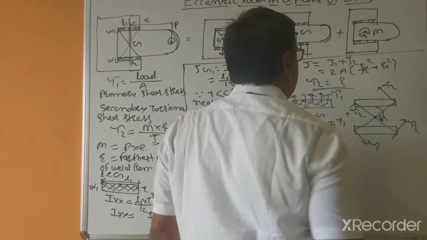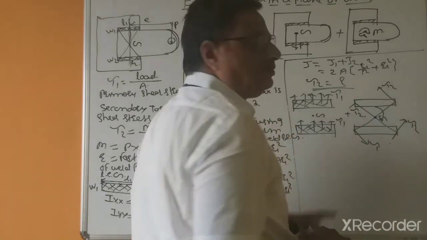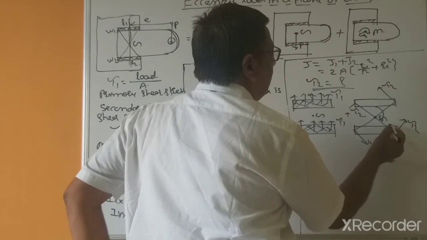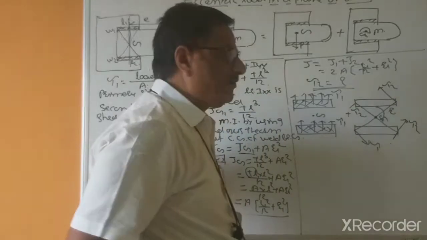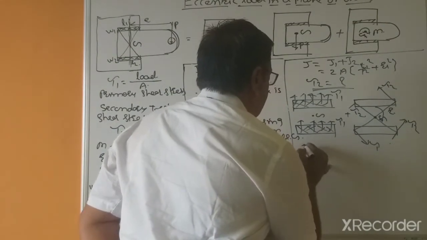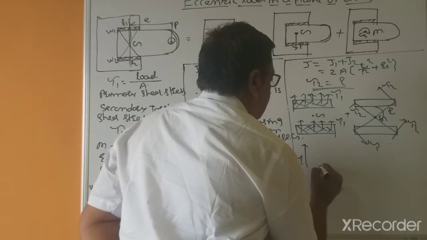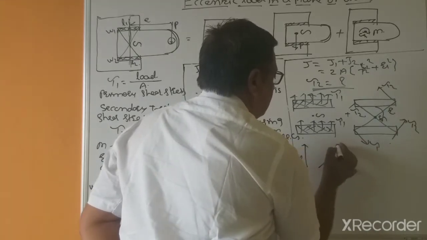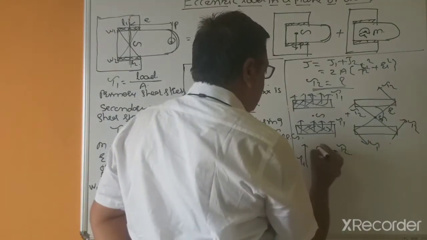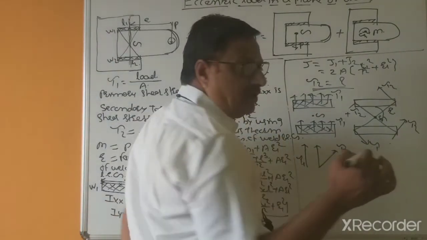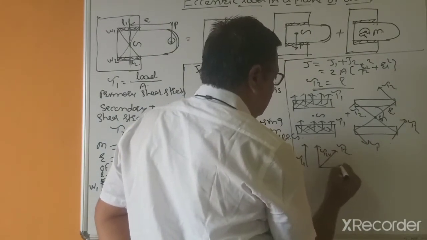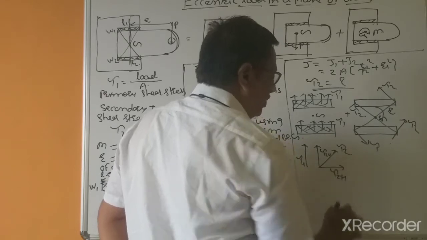Because this is the farthest distance, by using diagrams, this is tau 1, and resolve this force, and this is tau 2, which is very important, and this is tau 2 V and this is tau 2 H.